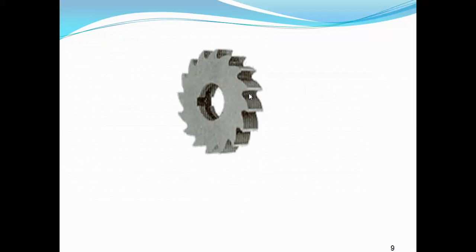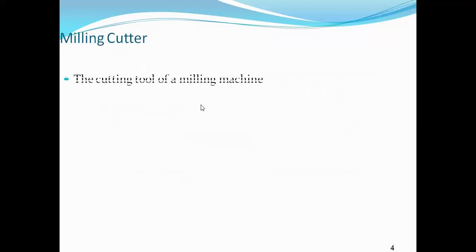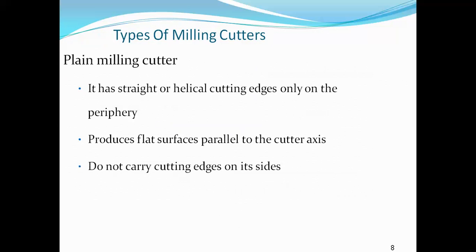In the first diagram, we have observed the slab mill. It has cutting edges only at this portion, not at the sides, and it produces flat surfaces parallel to the cutter axis.